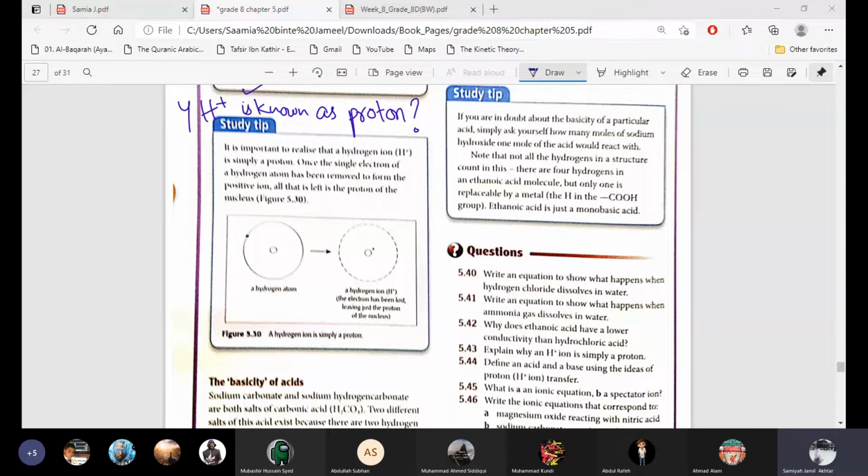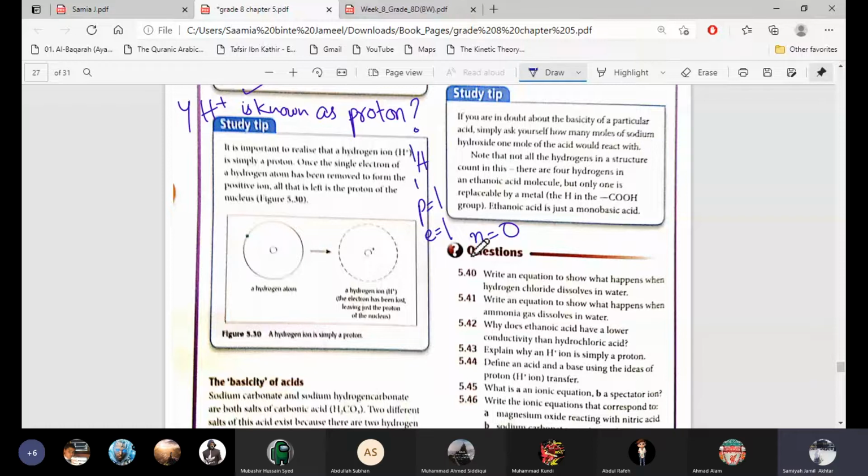You can see here, hydrogen is actually the simplest element of the periodic table, which you all know. It has only one proton, one electron, and no neutrons. So inside the nucleus of the hydrogen atom there are no neutrons, only one proton and one electron.